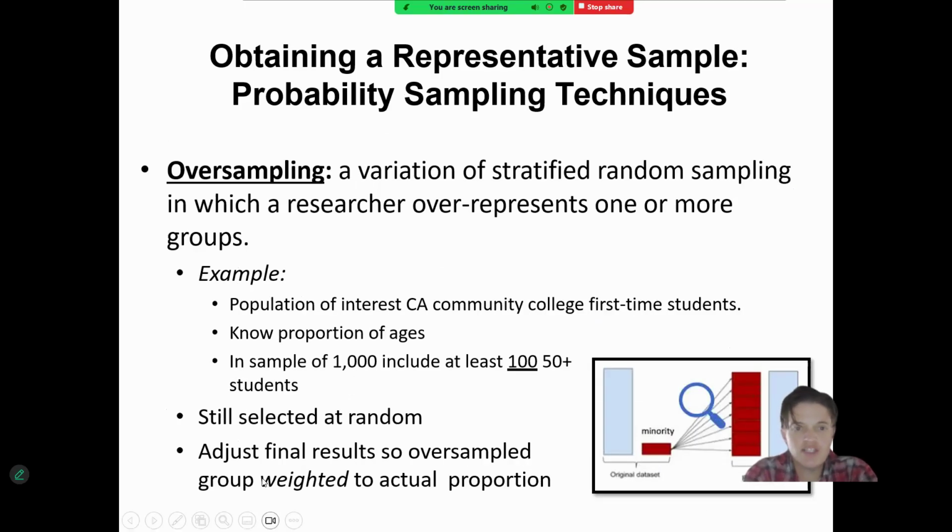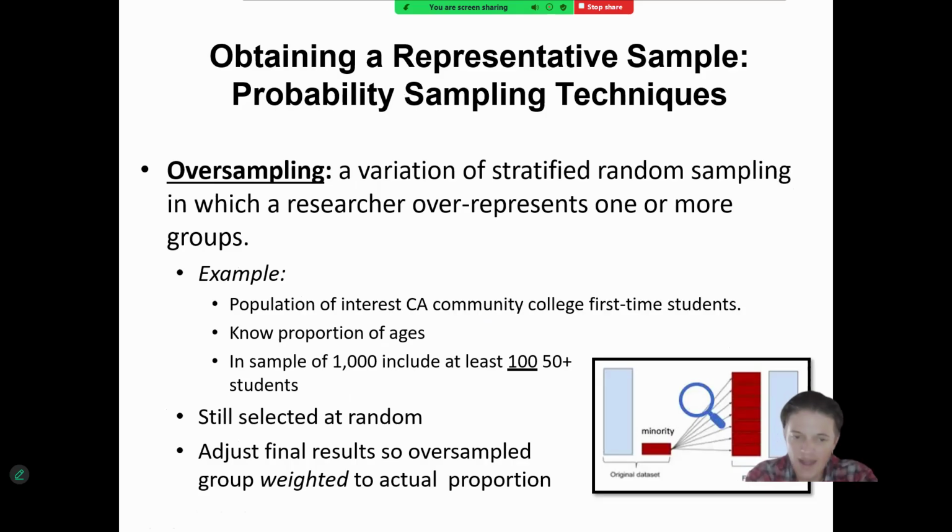So some other things that we can see, oversampling, a variation of stratified random sampling in which a researcher overrepresents one or more groups. So again, a population of California Community College first-time students, we know all the proportion of ages as we saw on the last slide. In a sample of 1,000, we include at least 100 50-plus students.